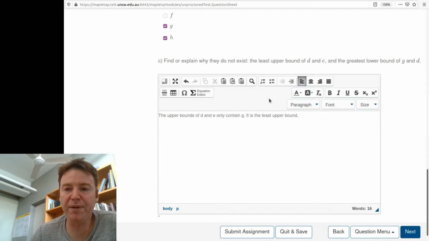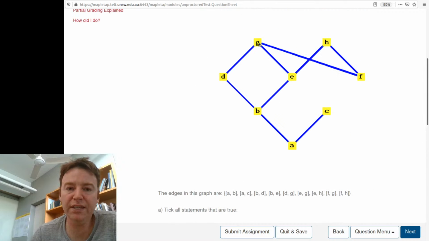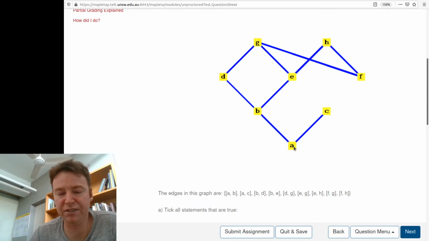The greatest lower bound of G and D, here's G and here's D. You just look at the sub-Hasse diagram of everything that's both below G and below D, and that would be the whole branch D, B, and A. Well, we've got a kind of similar situation here.